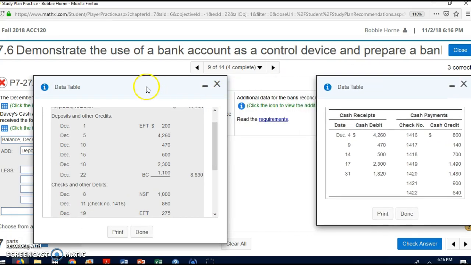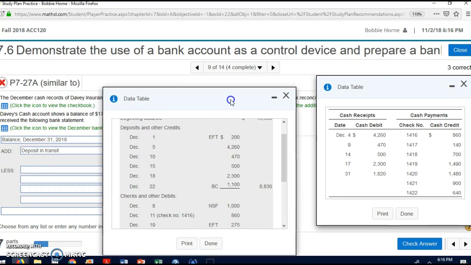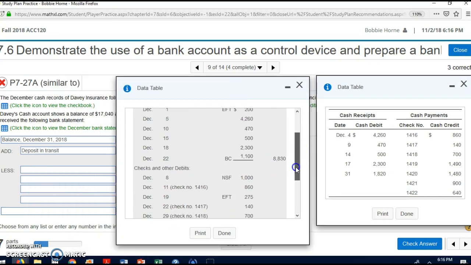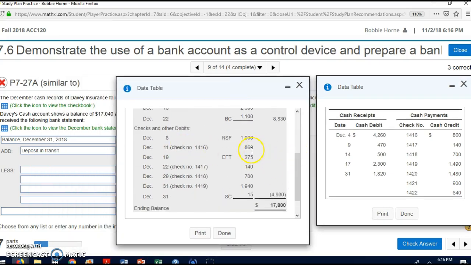So we wrote check number 1416, and it has come through. Check number 1417 has come through. Check number 1418 has come through, and 1419 has come through.